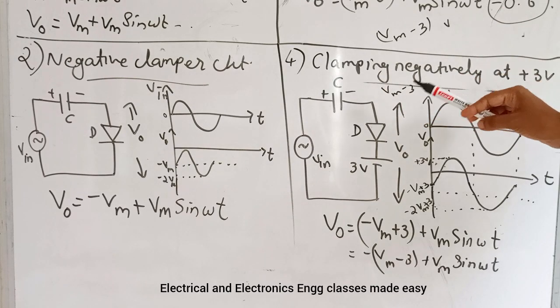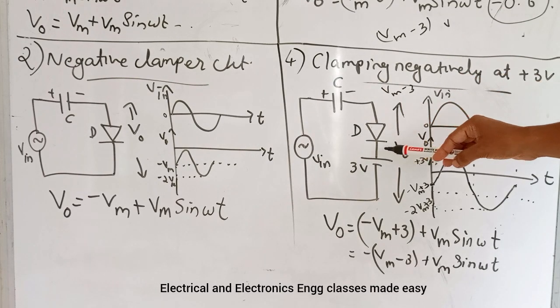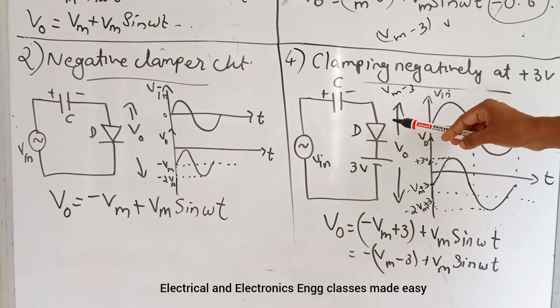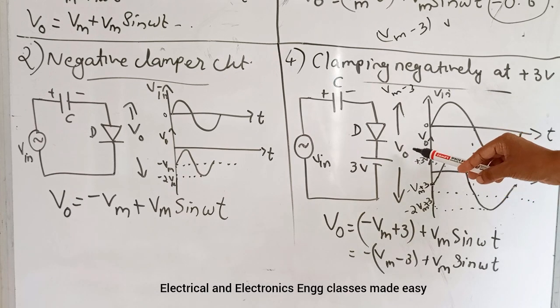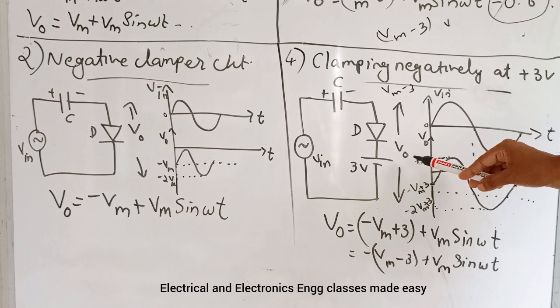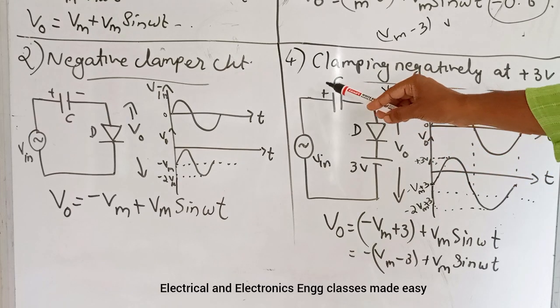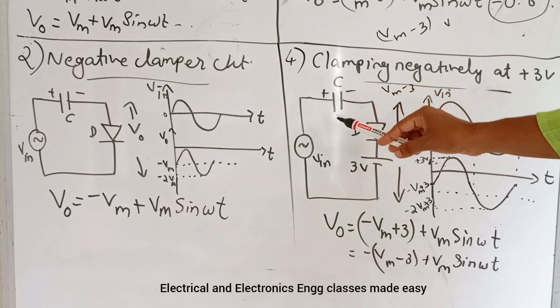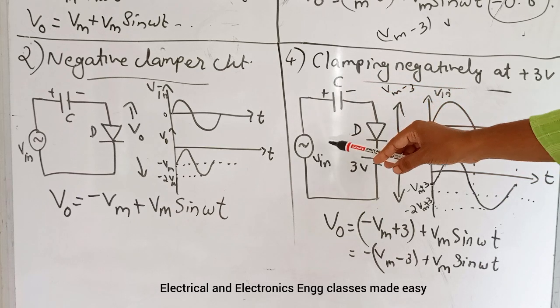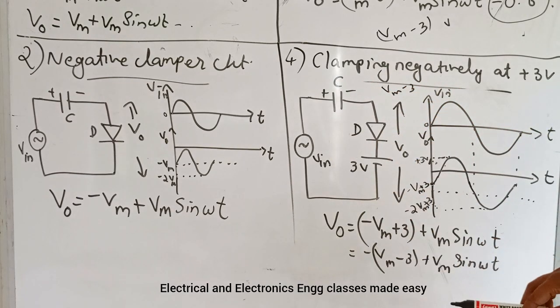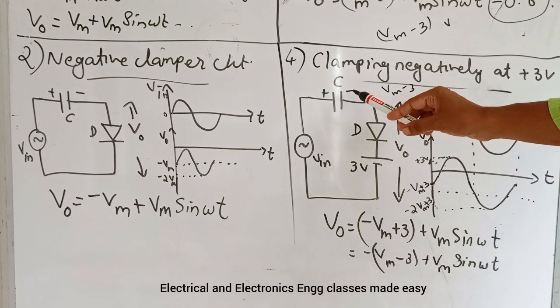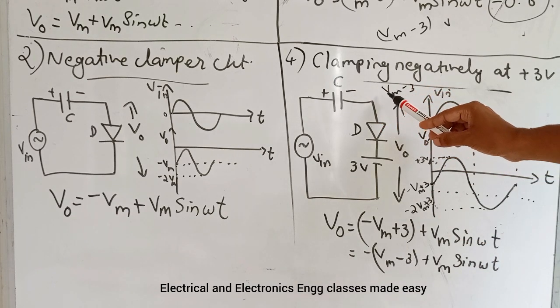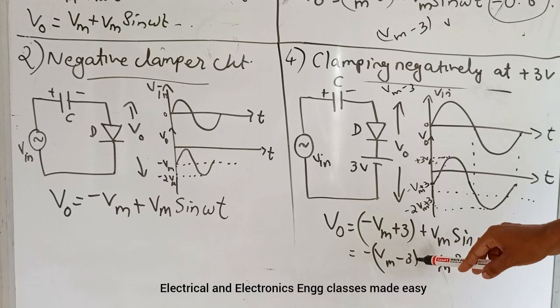During the negative half cycle the diode gets reverse biased and the output voltage will be, here it is minus plus, the voltage across the capacitor plus the input voltage, and here it is minus of Vm minus 3.